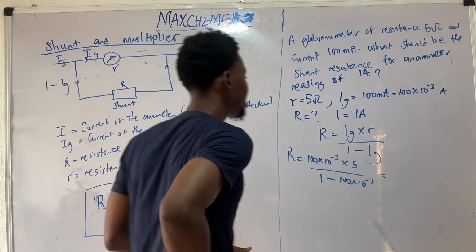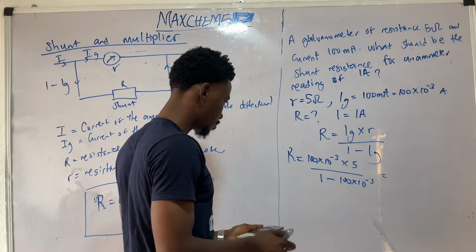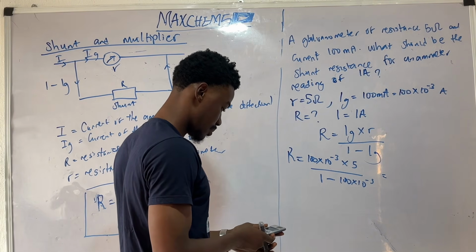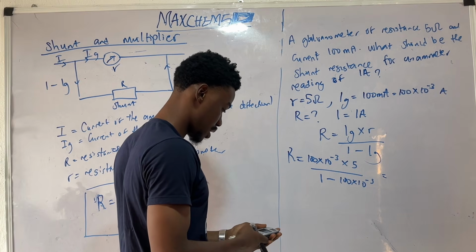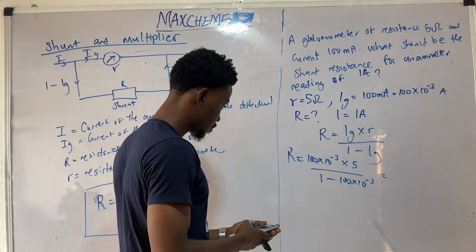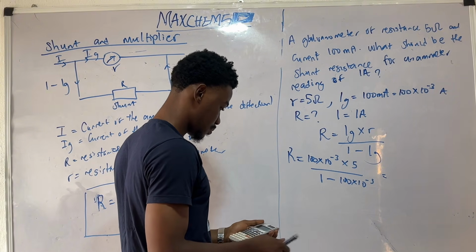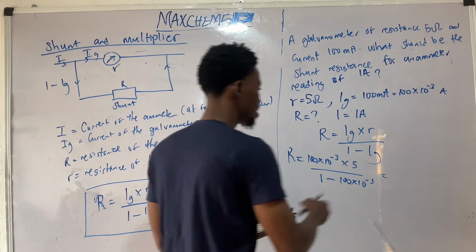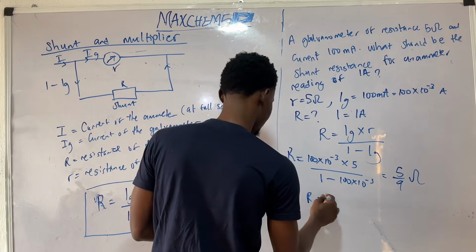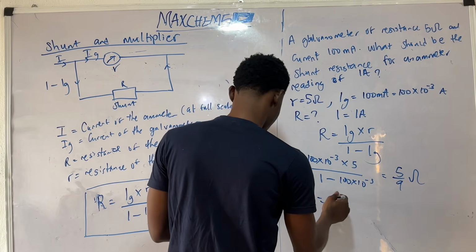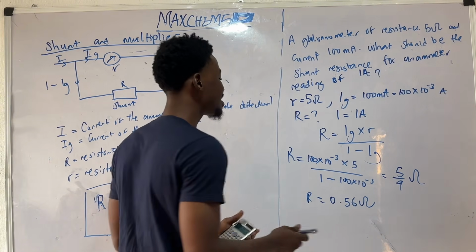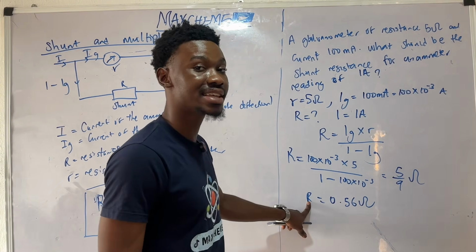So punching this in my calculator, yes. So the resistance is 5 over 9 ohms, or in decimal 0.56 ohms.